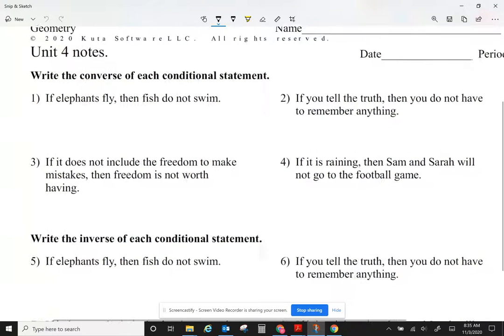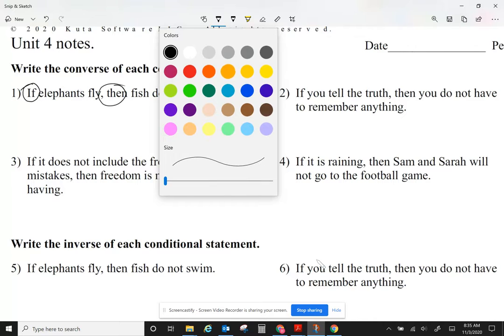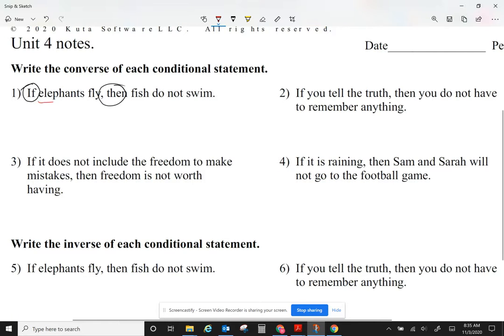I have conditional statements, and I'm mentioning conditional statements because I see that the instructions say write the converse of each conditional statement. So let me identify my if and my then. I see my if and my then. I remember last week I said the if part, that's what we call the hypothesis.